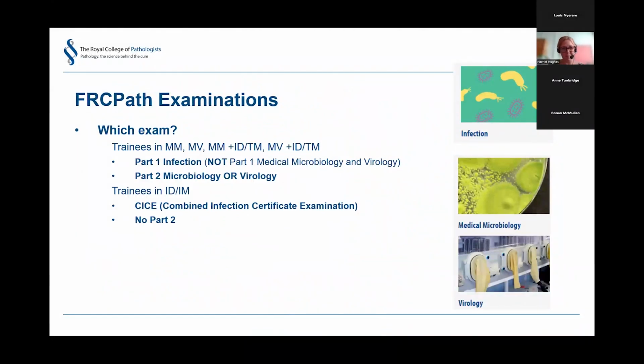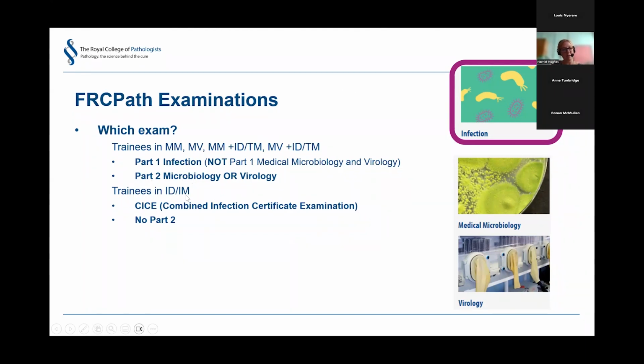Now, Professor Brian Angus is going to talk to us about examinations in detail, but it is part of progression through training, so I did want to mention it. Any trainee who is doing micro, virology or dual training, so in fact all of you in this meeting, will do part 1 infection, and on the website that is this picture associated with it, and then you'll go on to do part 2 microbiology or virology.